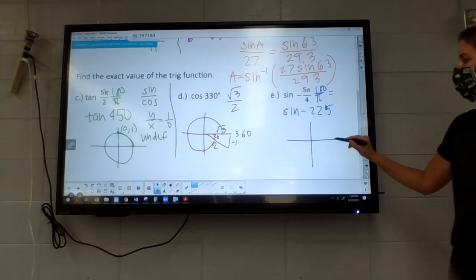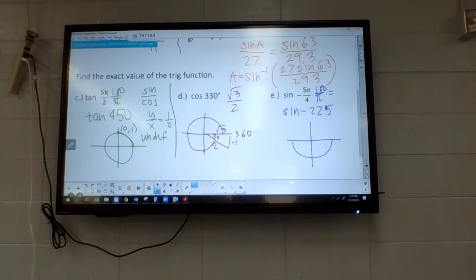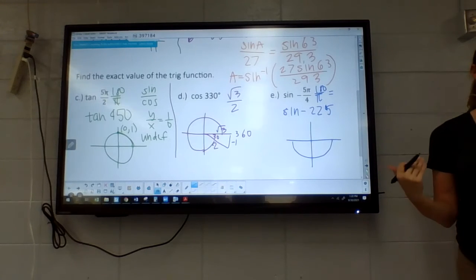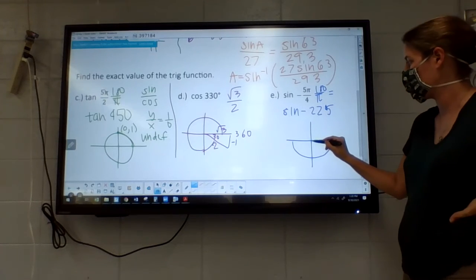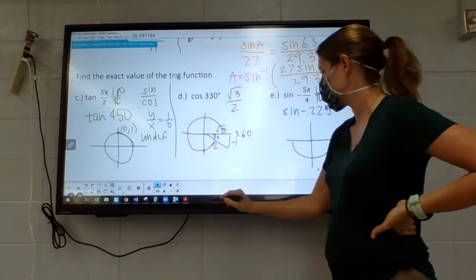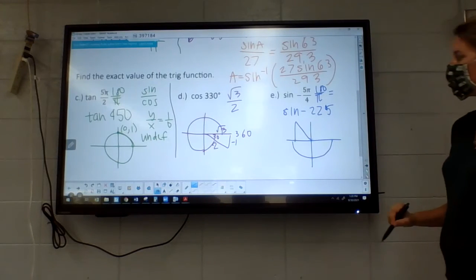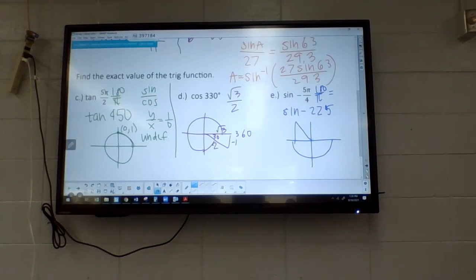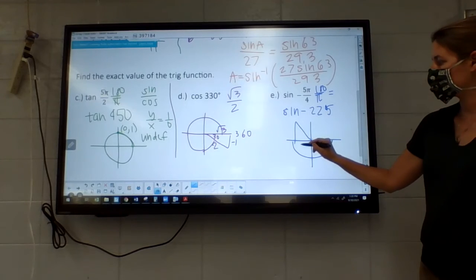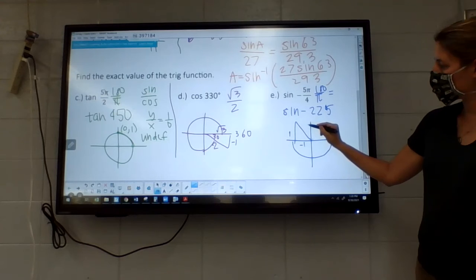So we go negative 180, we're here. Now past 180, I don't go all the way to 270, I go 45 past 180. So this is going to be a 45, 45, 90 triangle over there. So this is going to be negative 1, that's positive 1, and then square root of 2.